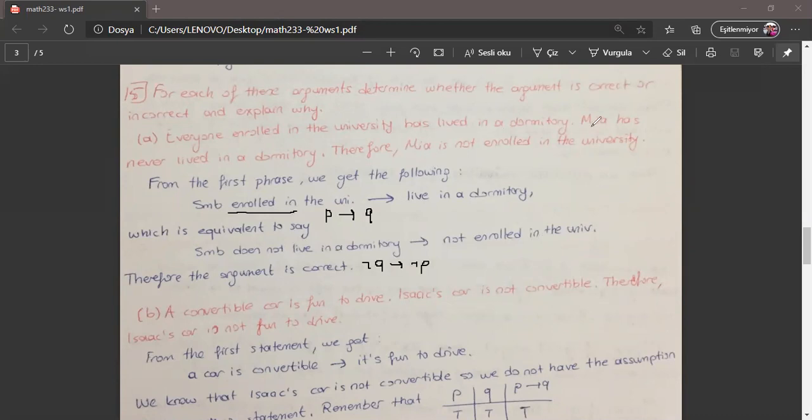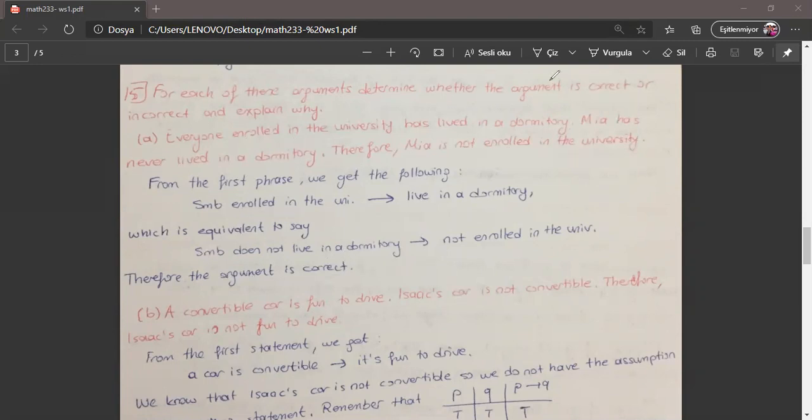We know this obviously from the second phrase: Mia has never lived in a dormitory. So we have not Q, which means somebody doesn't live in a dormitory. Therefore, we can obtain this, which is Mia is not enrolled in the university. So the argument here is correct.